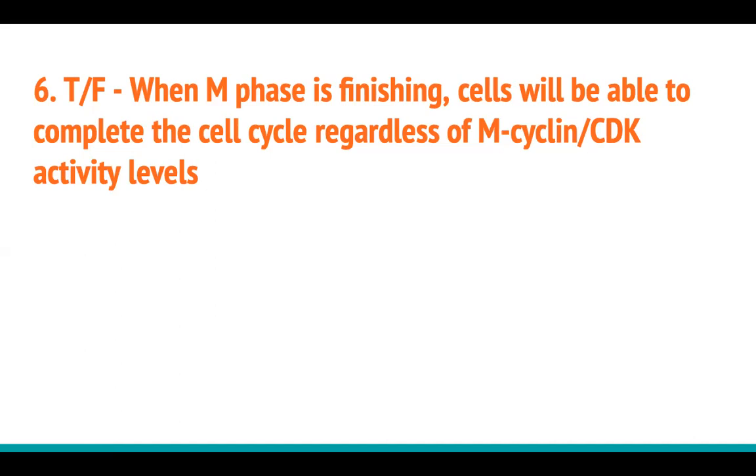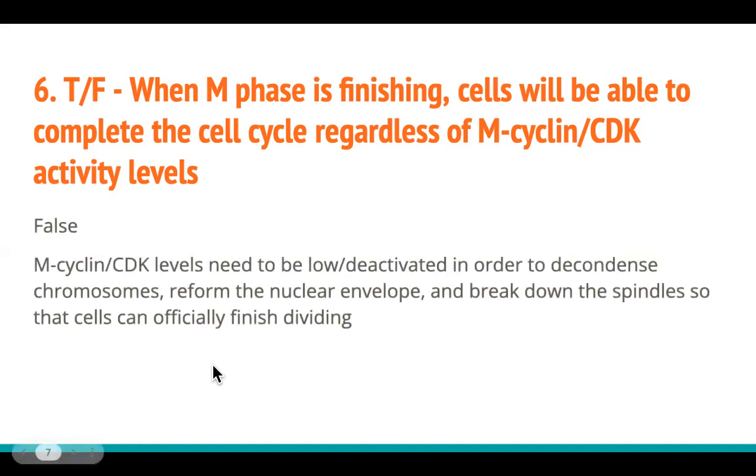M cyclin CDK is what determines if the cell is in M phase. It's targeting proteins and phosphorylating them, so the nuclear envelope won't be able to reform, and other things like that I can't remember. That's okay. Nice. Yeah, that's pretty much it.